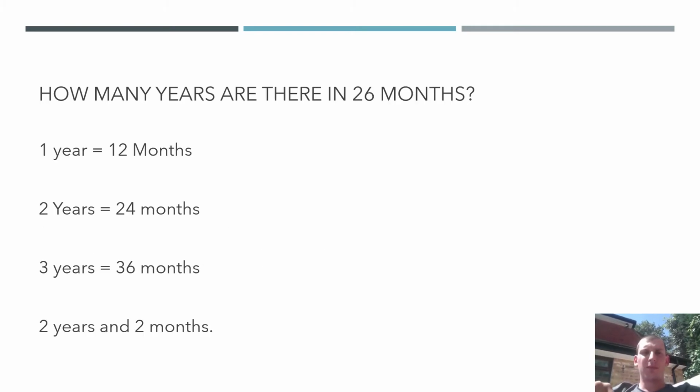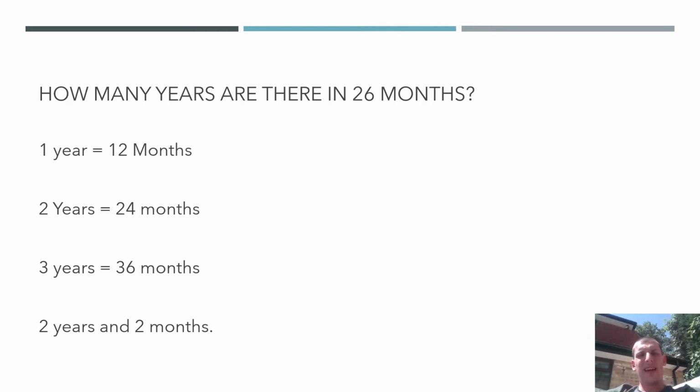Now, next one. How many years are there in 26 months? Right, so in 1 year there's 12 months, in 2 years there's 24 months, and in 3 years there's 36 months. But we don't want 36 months, we want 26 months. So, here we have a bit of a problem. Well, it's not really a problem, tiny bit of a problem.